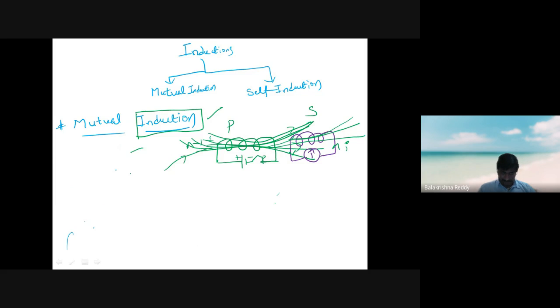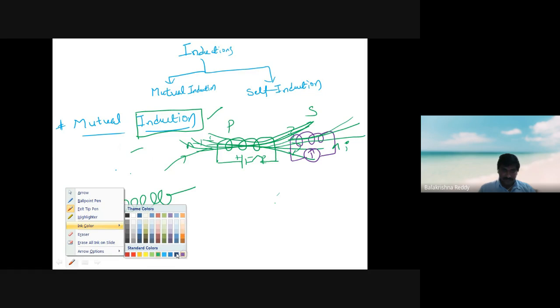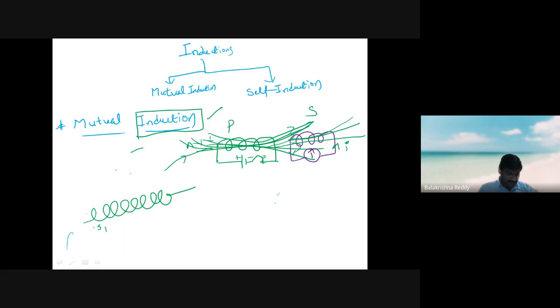One has a smaller area of cross section and a smaller radius. They have named it S1. In the same way, one more coil they have taken, that is S2, which has a larger area of cross section. If you take these two coils from outside to inside, the radial distance is more for the outer coil and less for the inner coil.